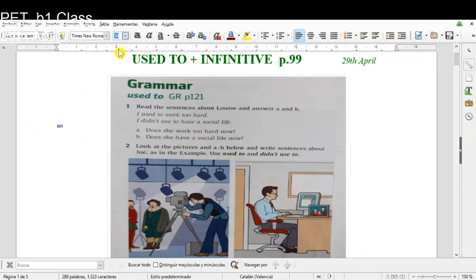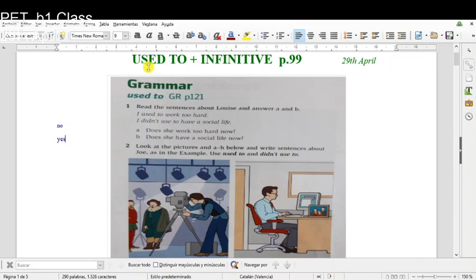The first characteristic, then number 2. Does she have a social life now? I didn't used to have a social life. No solía tener vida social. Y ahora, does she have a social life now? Yes, then something changes. Very important is, why?